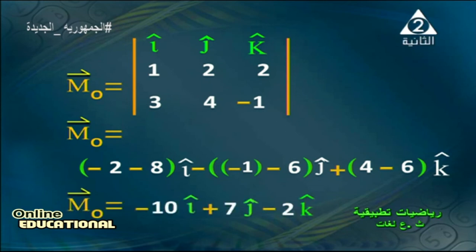Then the moment about O equals -10I plus 7J minus 2K.